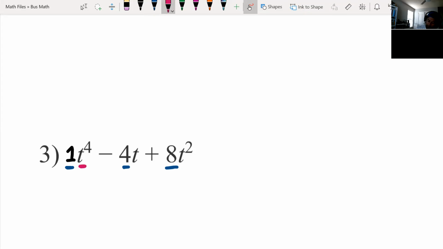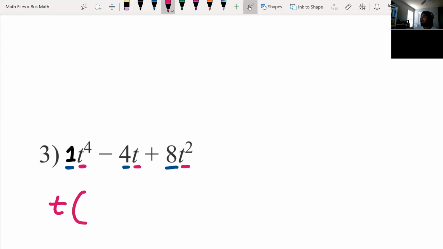So you have t to the 4th, t, and t squared. So the greatest common factor is going to be the variable with the smallest power. So which one is that going to be? T. Good. Just t, right? 1t. So we take that t out, and I'm taking a t from all of these, right?